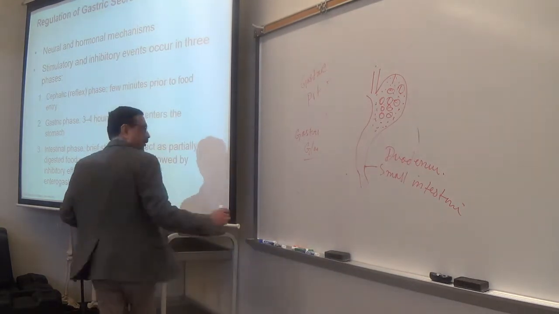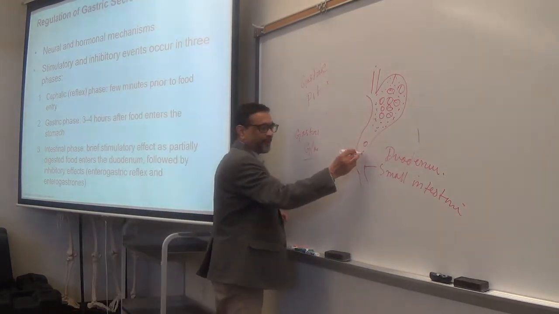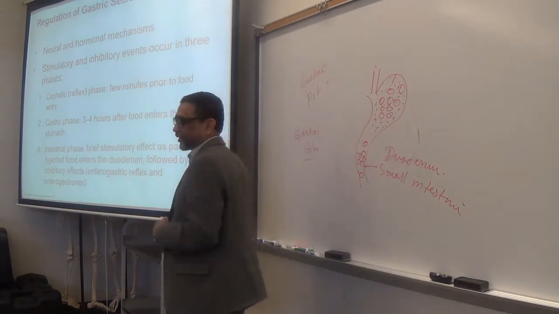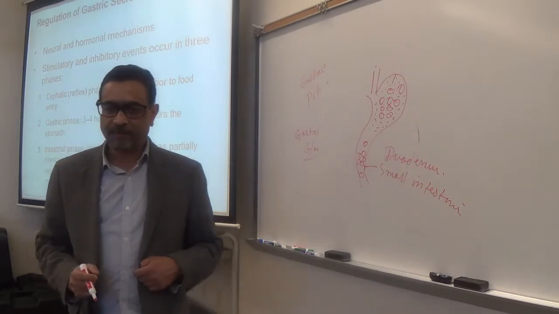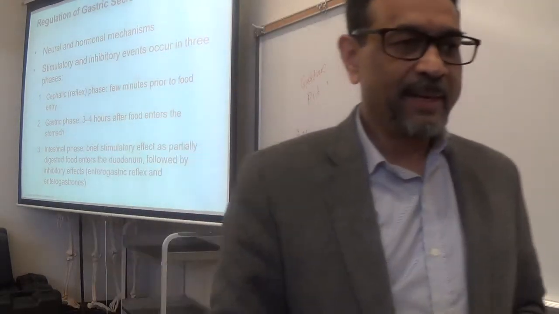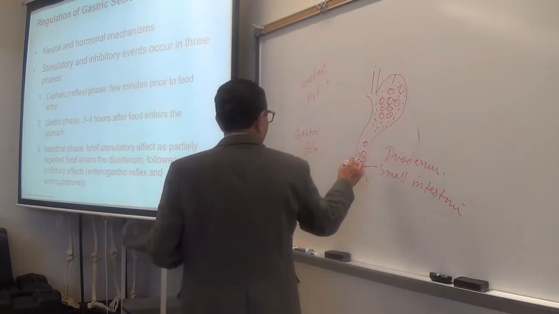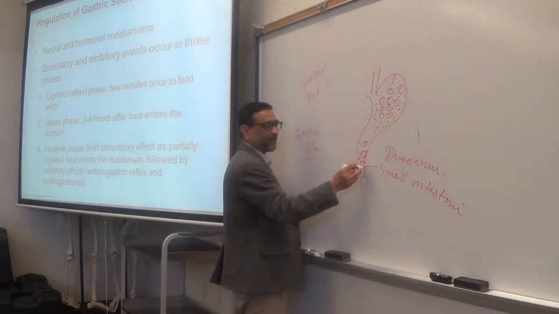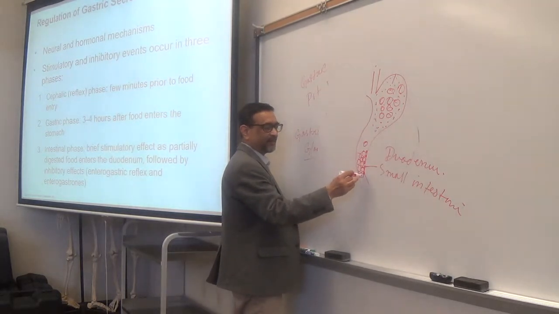And then, from the stomach, food moves to the intestine, small intestine, okay, duodenum. And in the wall of the duodenum, you have the receptors. They can detect the status of the food.